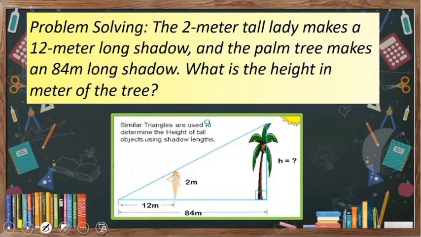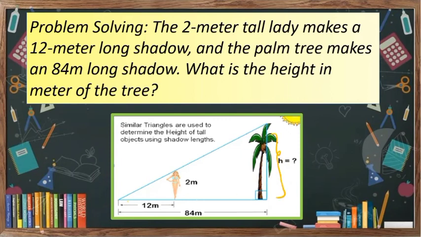Now we're going to solve a problem involving similar triangles. So we have here a given: a 2-meter tall lady makes a 12-meter long shadow and the palm tree makes an 84-meter long shadow. What is the height in meters of the tree? So we're going to measure the sides to get the height of the palm tree.